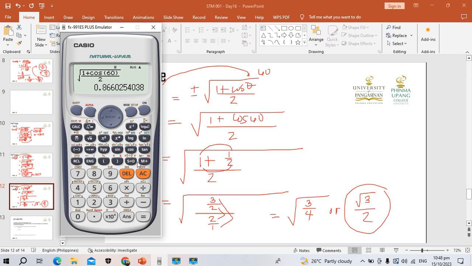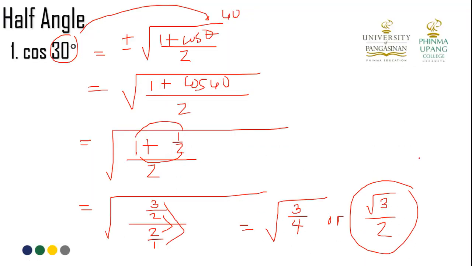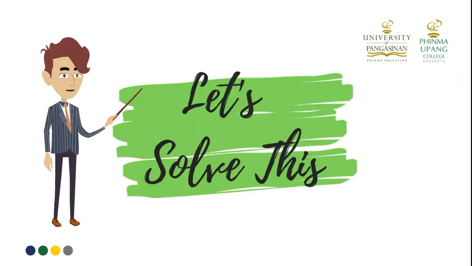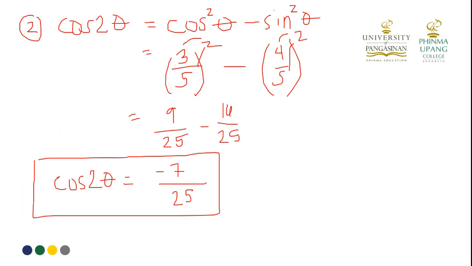Then the decimal is 0.8660. Okay natin. The answer here is 0.8660. So, yun yung na-solve natin. Kapag radical fraction, is square root of 3 all over 2. So, yun lang. So, yung po yung i-memorize ninyo, yung nabilugan ko na 5. And these are the process on how to solve the problem.